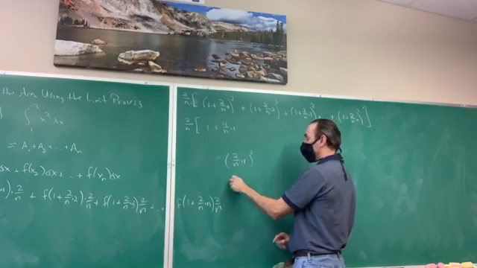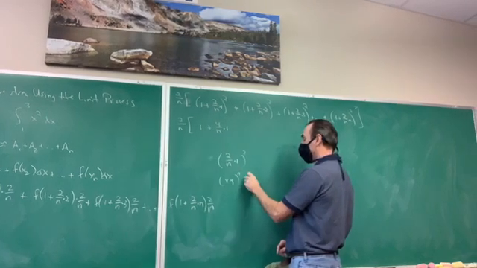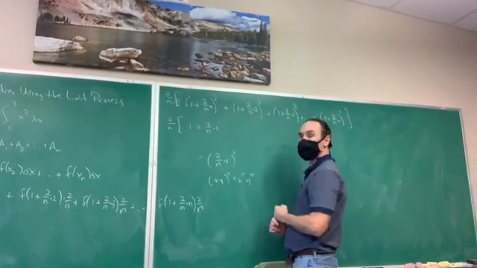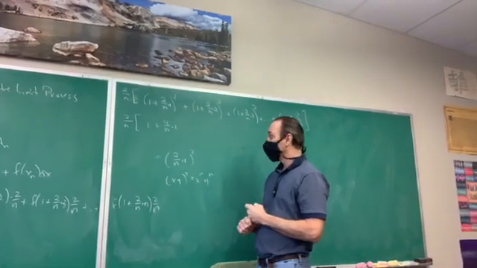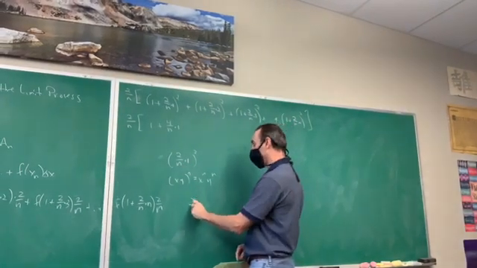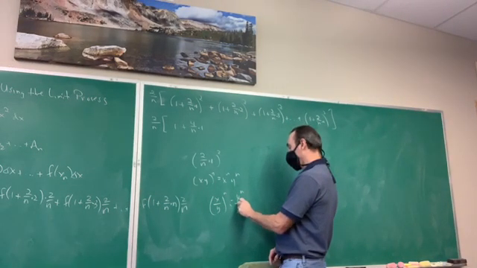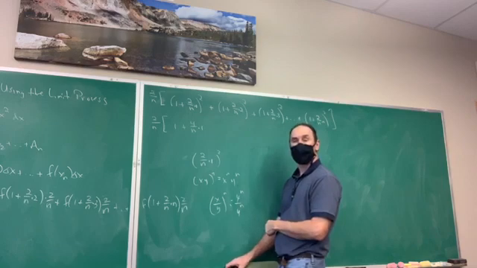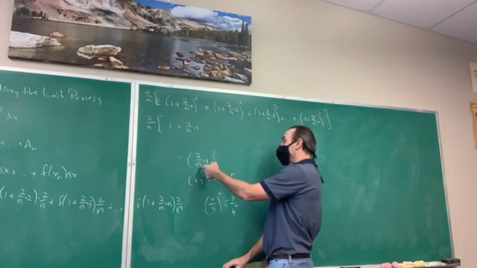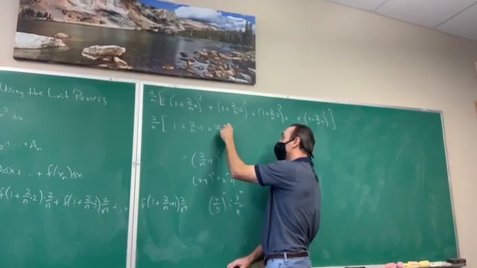When you have 2 things that are multiplying and being raised to a power, each of those gets raised to the power. So the 2 over n, that fraction, and we also know that when you take a fraction to a power, the numerator and denominator both get raised to that power. So the 2 over n squared is going to become 4 over n squared.